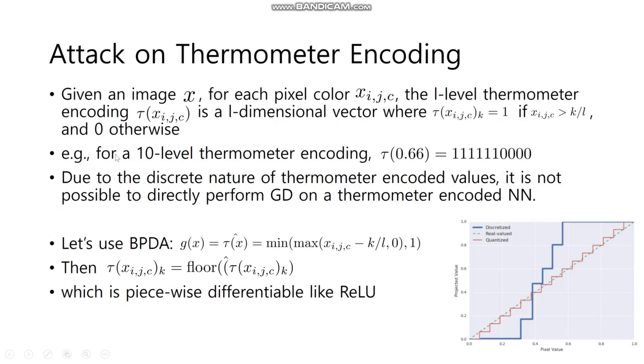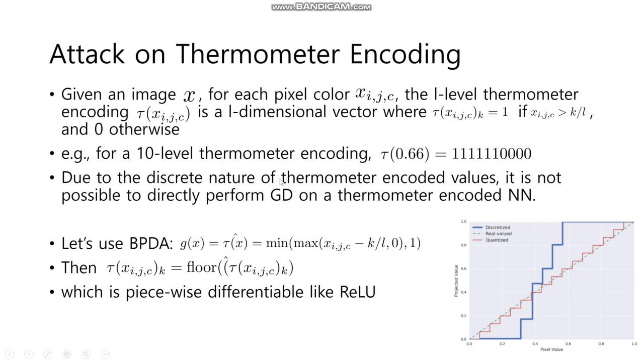For example, for a 10-level thermometer encoding, tau of pixel value 0.66 becomes something like this. Well, you can use one-hot encoding as well, but this thermometer encoding paper claims that their encoding method is more effective in defending against adversarial attack.